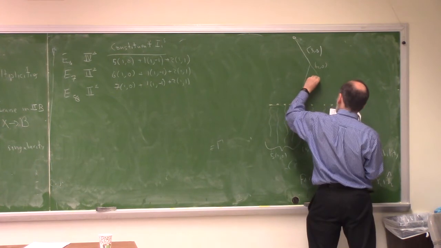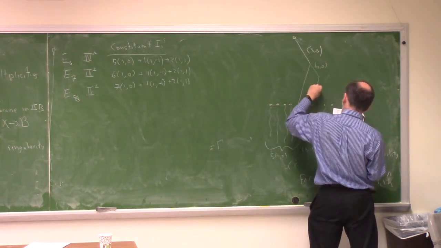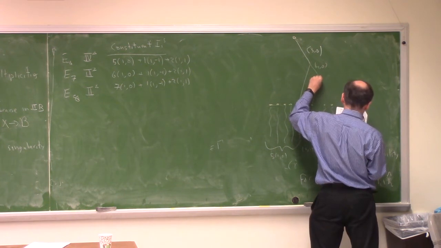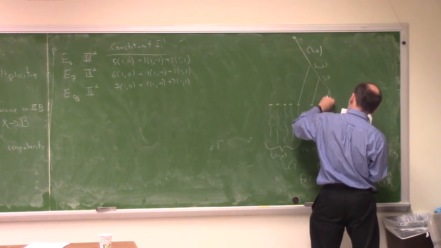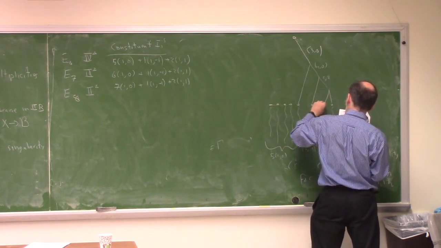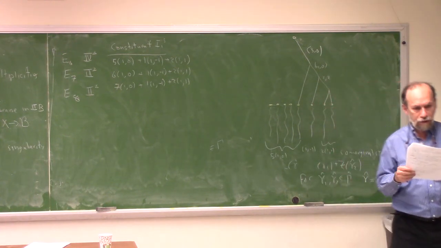And then it could split again and with multiplicity 2, which I'm not going to denote, and become a 2, 2 string over here. And then it could split like that and now join onto these guys.